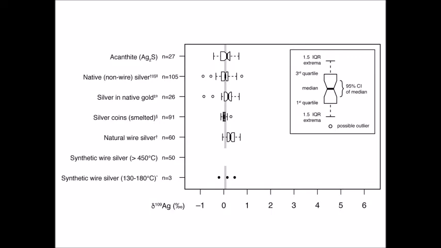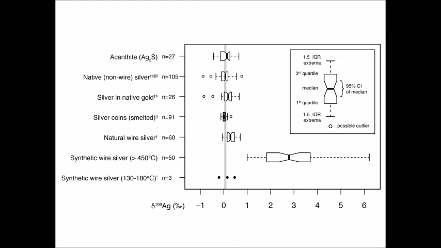However, the synthetic wires that are grown in the flame, in the Bunsen burner that I showed you previously, show an order of magnitude enrichment in 109, indicating that this enrichment process is indeed real and that we believe is reflected in the exact environmental conditions when the silver is being produced.